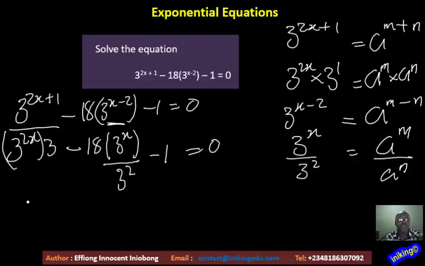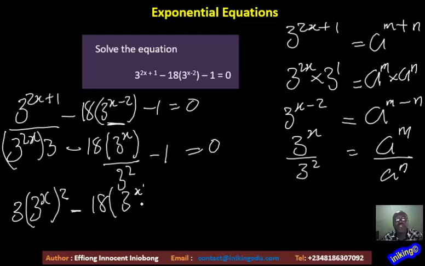Of course, this is 3 times, now my 3 raised to the power 2x, using our multiple indices rule, we can take this and put 2 there, because 2 times x will give me my 2x, and that's my 3 written there. And this is minus 18, 3 raised to the power x divided by 9, that's 3 raised to the power 2, minus 1 is equal to 0.